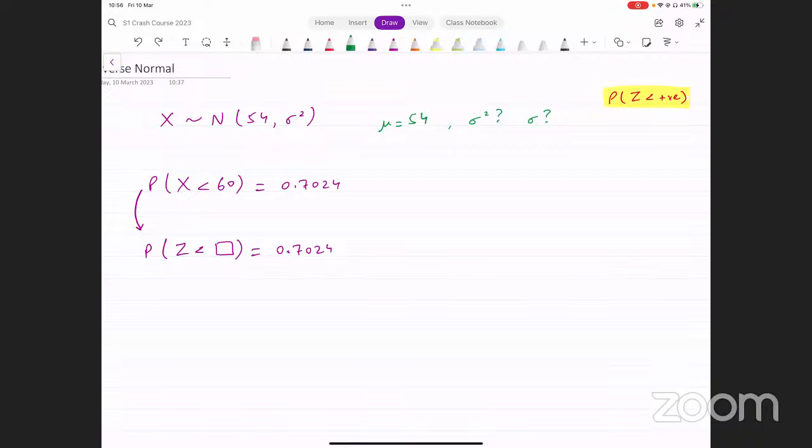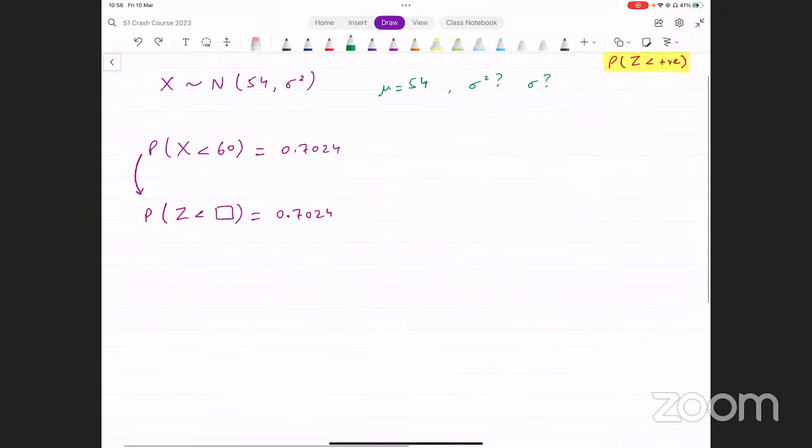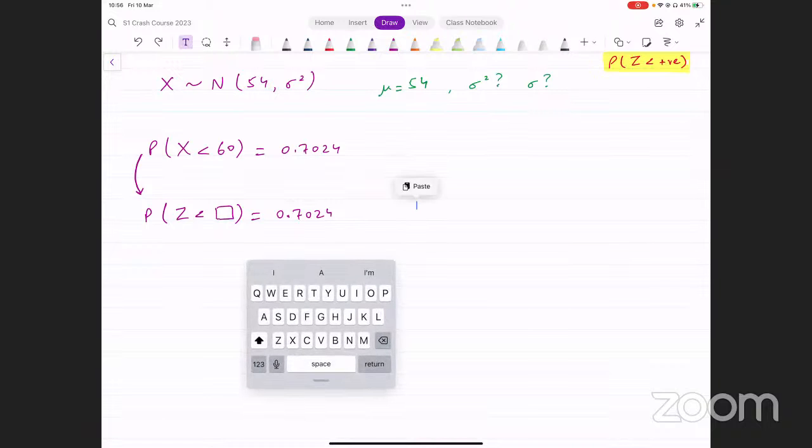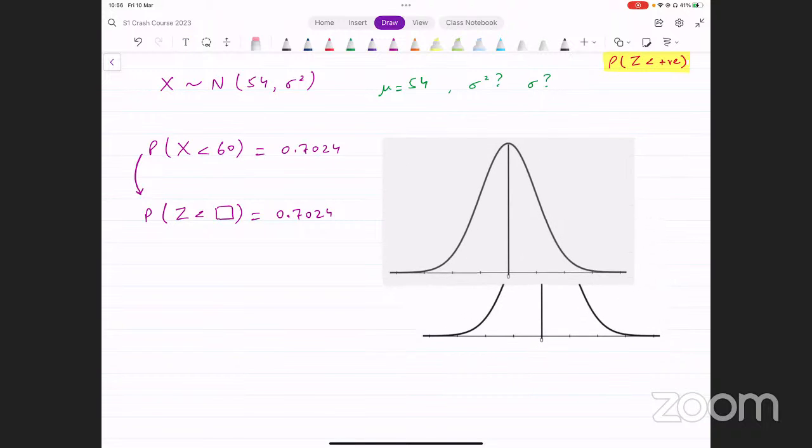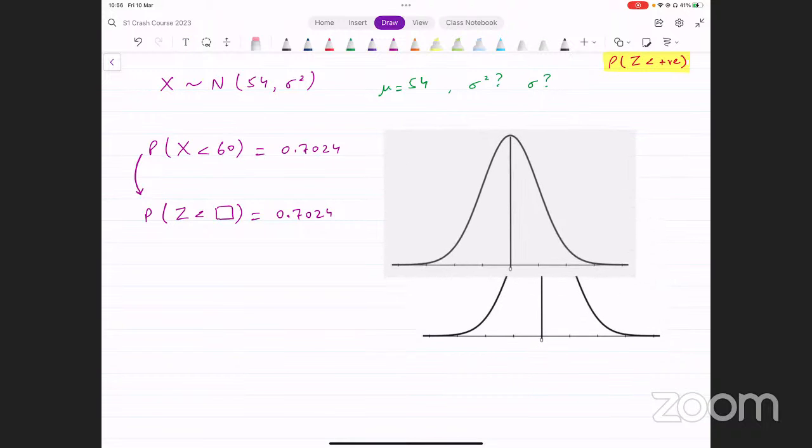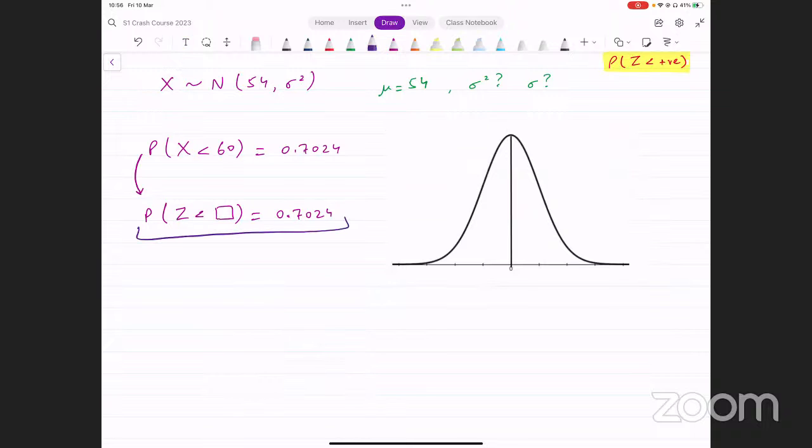Let's figure out, first of all, whether this value is positive or not. And we do that using the normal distribution curve. So we think of the normal distribution curve. This is what the curve looks like. Now, what does this statement mean? Probability of Z less than something, that is equal to 0.7024.